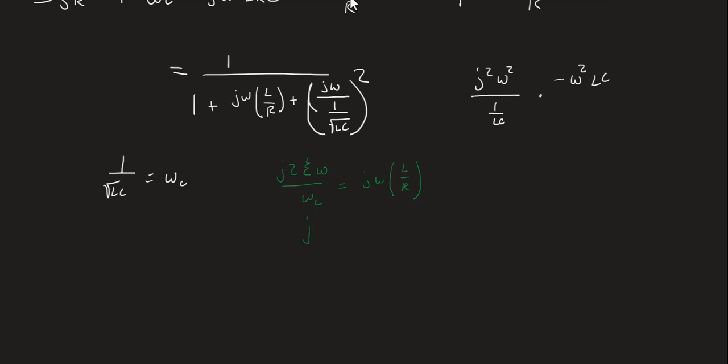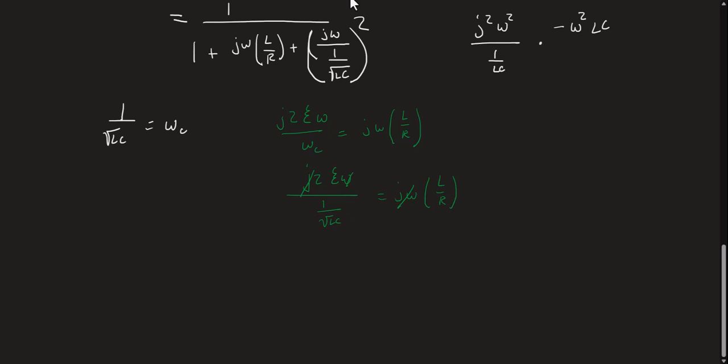So j 2 zeta omega over 1 over the square root of LC equals j omega L over R. The j omegas cancel.